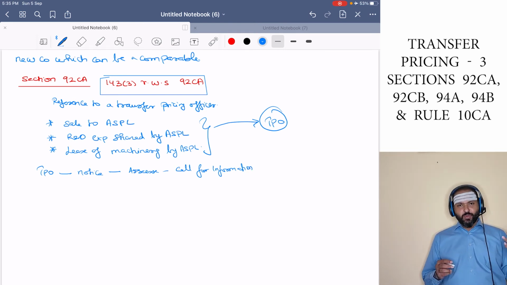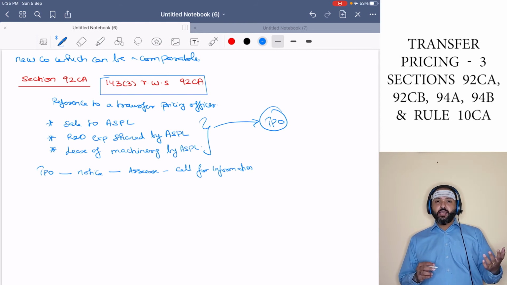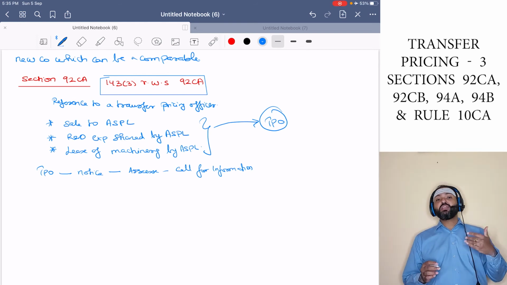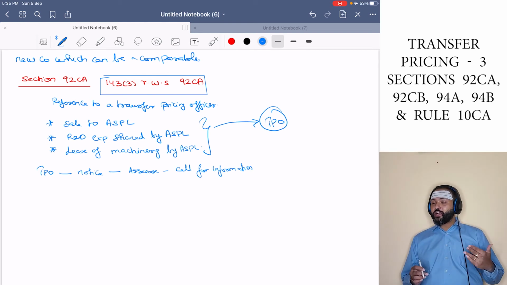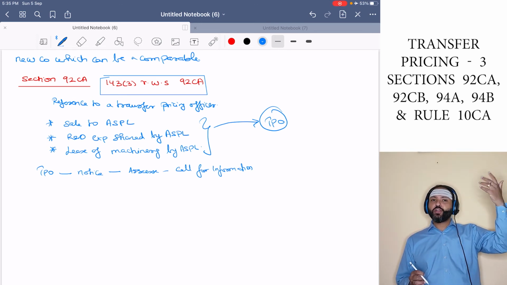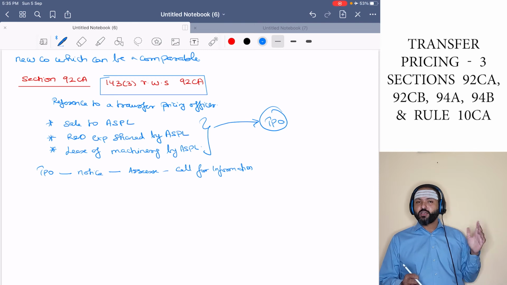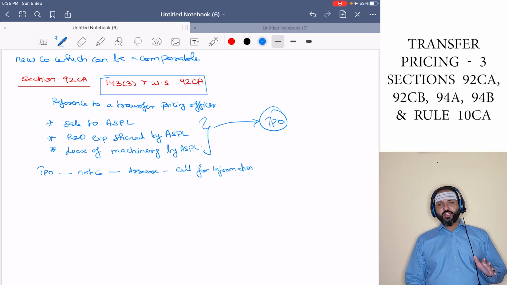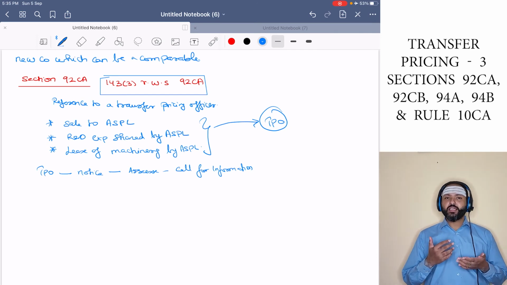The assessee will gather the information required. And at this stage, please listen, suppose I don't give him the information called for, then 92C(3) will happen. He will go on to determine the arm's length price by himself.